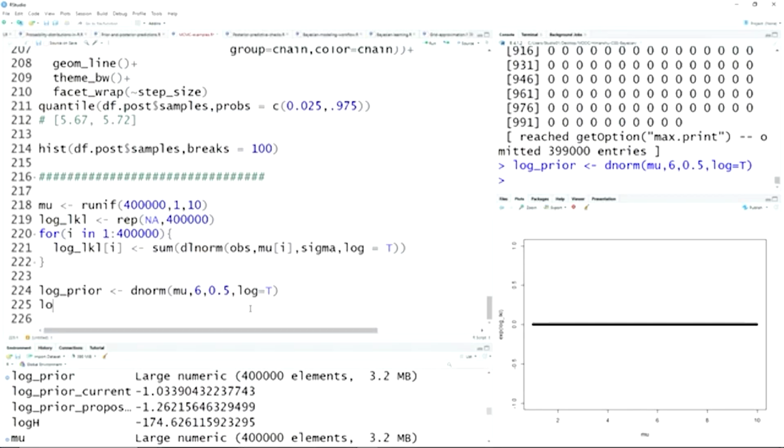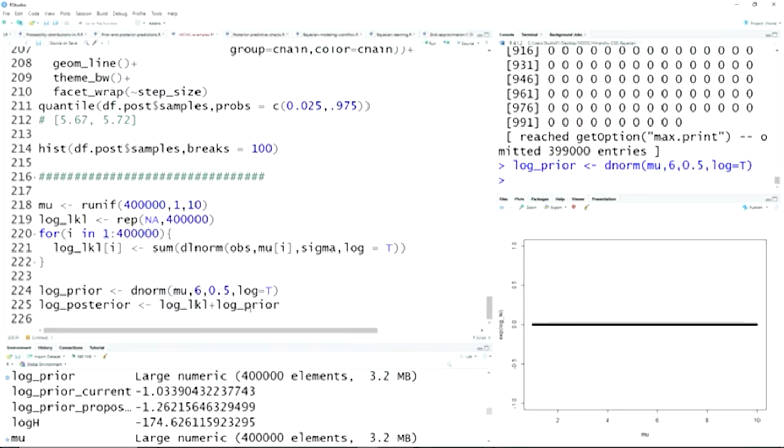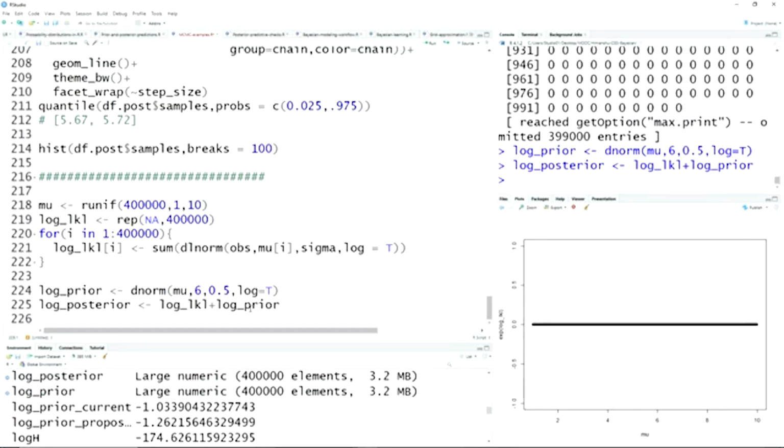Now log posterior would be log likelihood plus log prior. Okay, so this would be log posterior, basically log of unnormalized posterior.